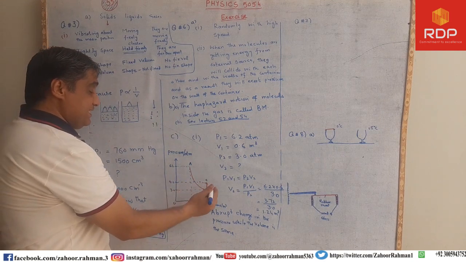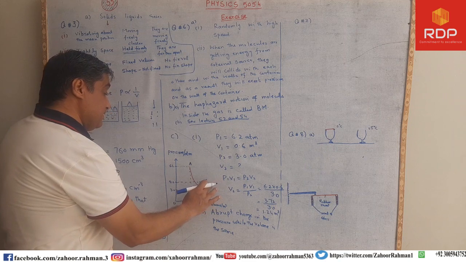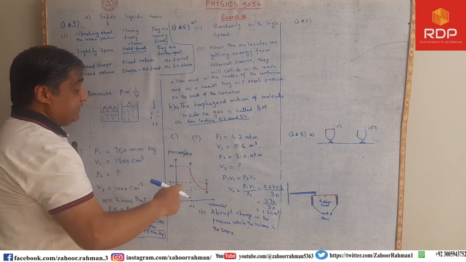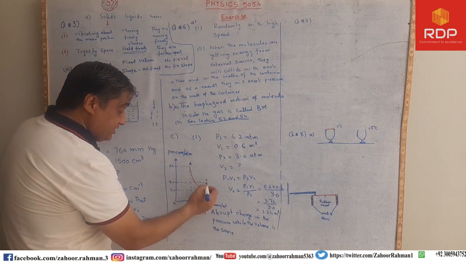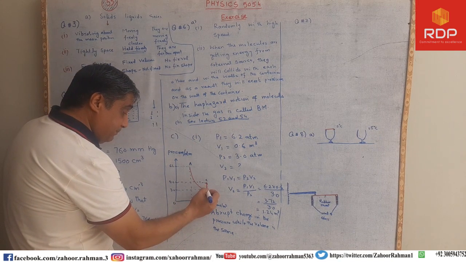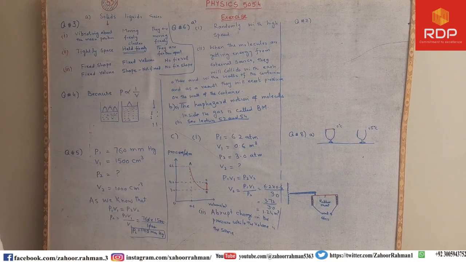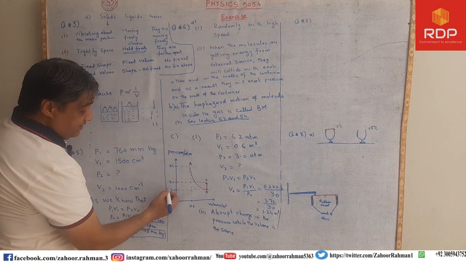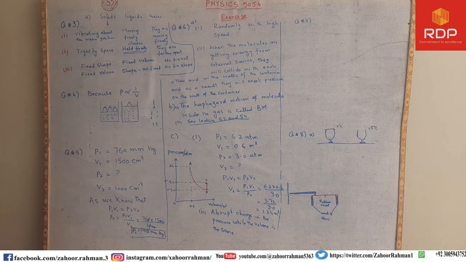So this BC is not increasing like this. It is abruptly increasing because there is no change in volume: the same volume at B and the same volume at C. But the pressure is increasing from 3 to 4.2 without any change in the volume.